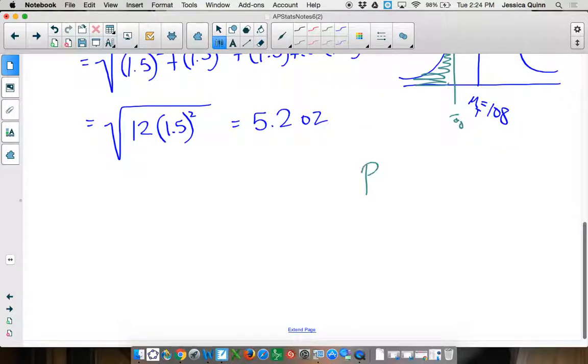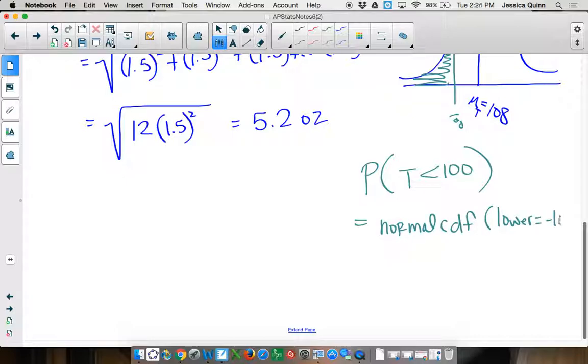So, the probability that T is less than 100, we would find that with normal CDF. Lower is negative 10 to the 9, negative blah blah blah. Upper is 100. Mu is 108. Standard deviation is 5.2.